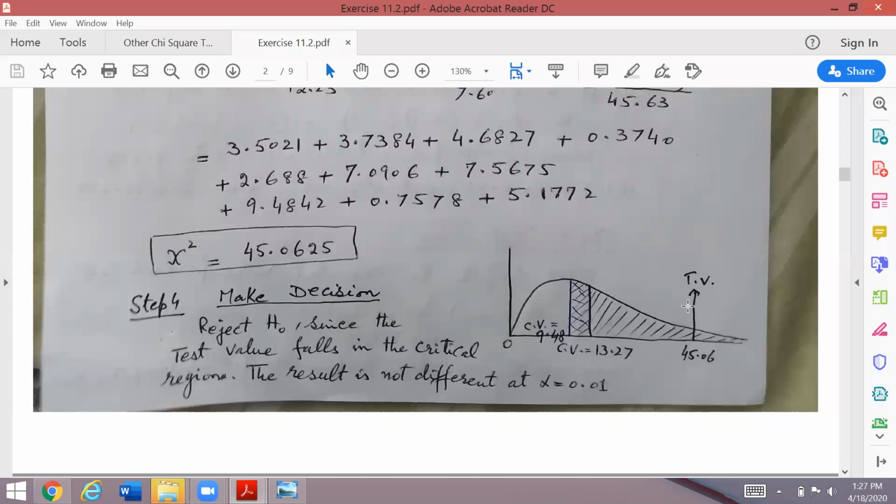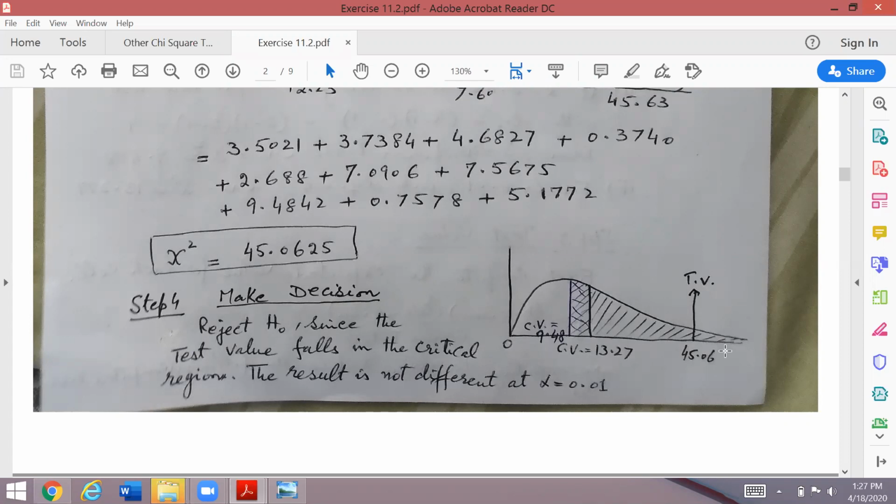The result is not different for alpha equal to 0.01. देखें आप, whatever the answer you are to find for alpha 0.05, the same answer you will be writing for alpha 0.01, because for the two CVs, the test value is in either case falling in the critical region. So in either case, we have to say that you have to reject the null hypothesis.